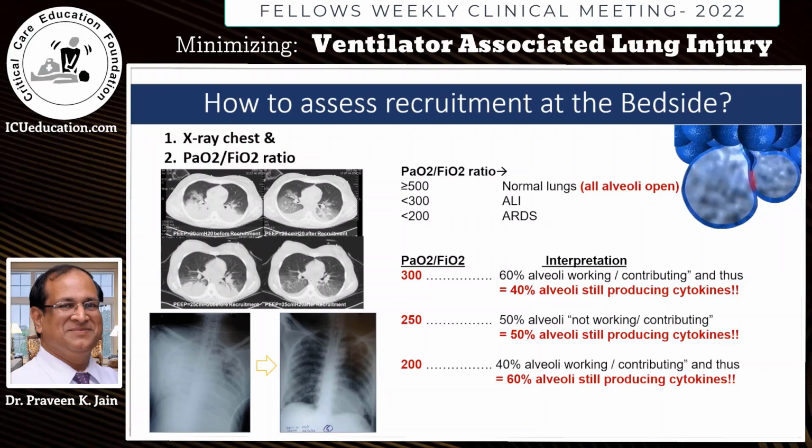But it also means that it is short of 500. 250 out of 500 means that only 50% of the alveoli are now contributing to ventilation and are working, 50% of the alveoli are still collapsed and producing cytokines, and they will affect your patient outcome.